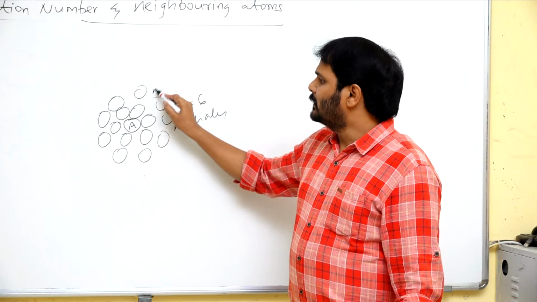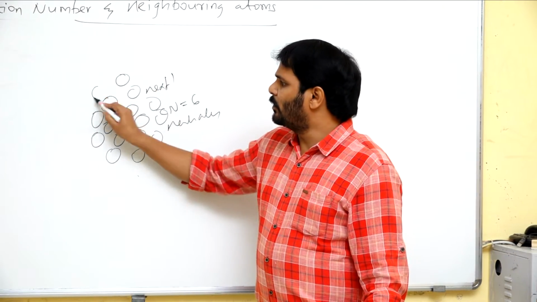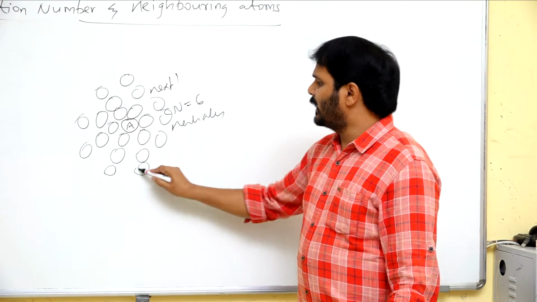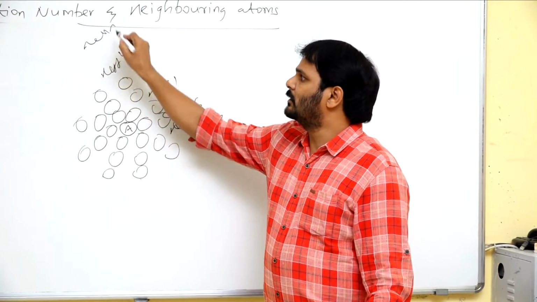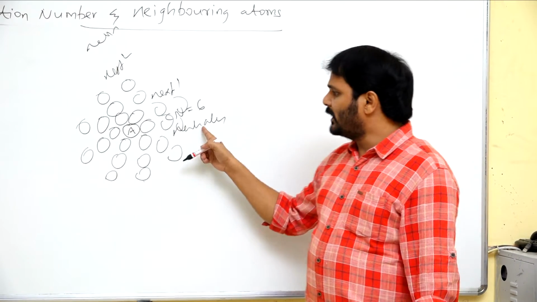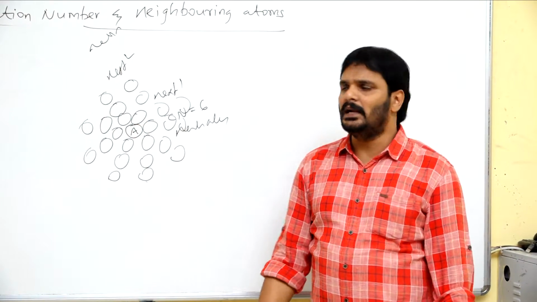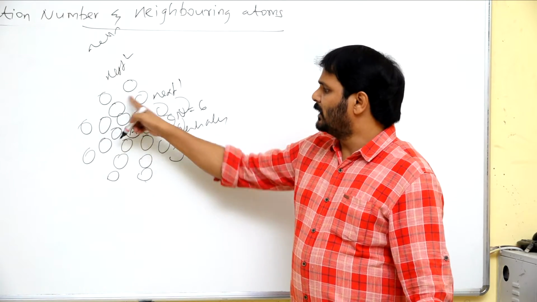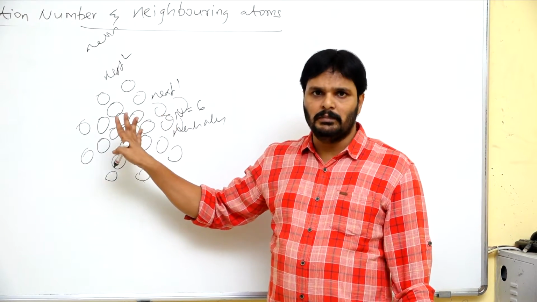So the second layer is the next neighbor, then the next two, the next 3, and so on. So coordination number is nothing but the atoms which are directly in contact with the central atom. Remaining atoms are simply known as neighboring atoms and not as coordination number.